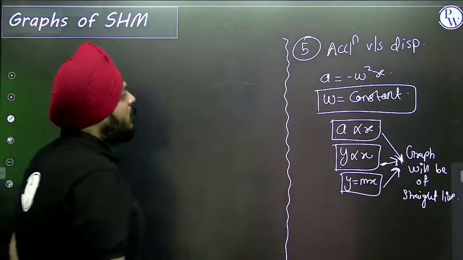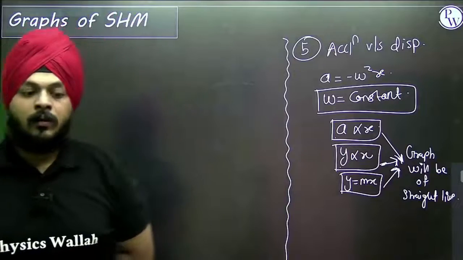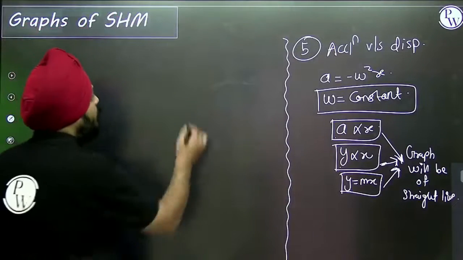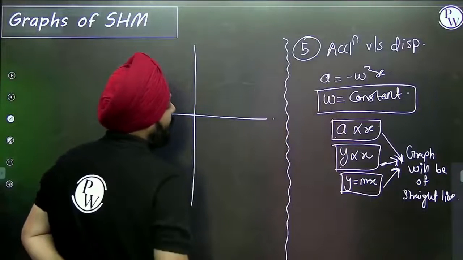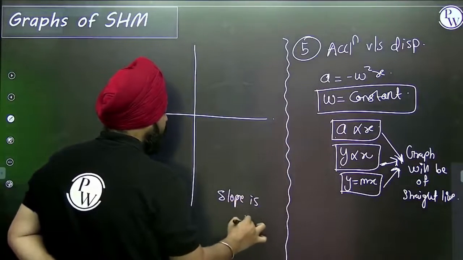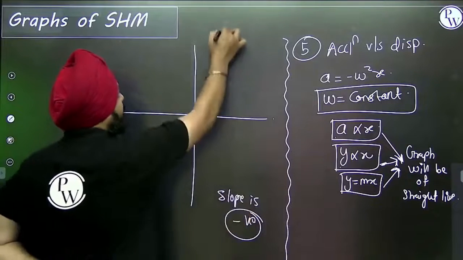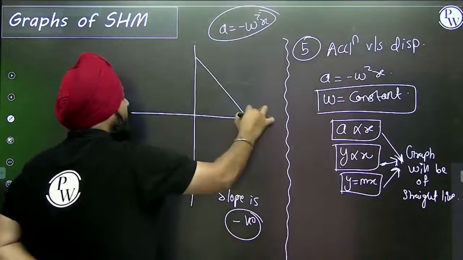Acceleration versus displacement graph will be like this way, but here the slope is negative. Why? a is equal to minus omega square x. In that case the slope is negative, so the graph is like this way.